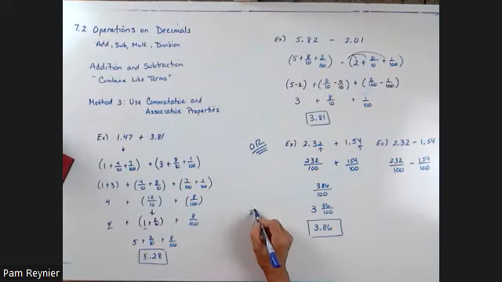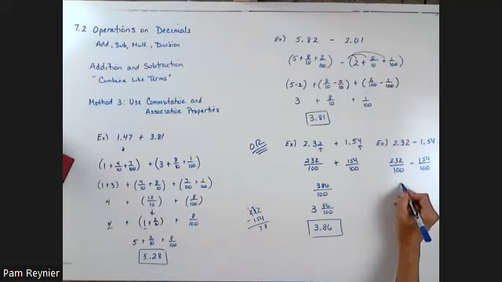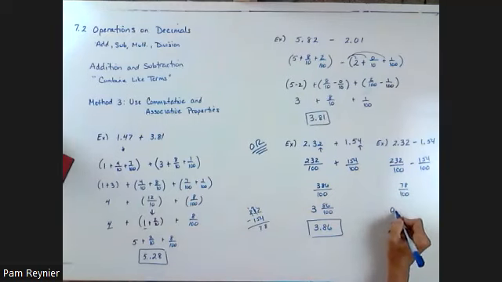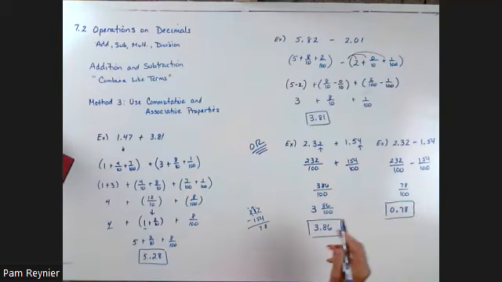What is that? 232 minus 154 gives us, I gotta borrow. That gives me 8. Gotta borrow again. 12 minus 5 is 7. So that gives me 78 hundredths, or 0 whole numbers and 78 hundredths.